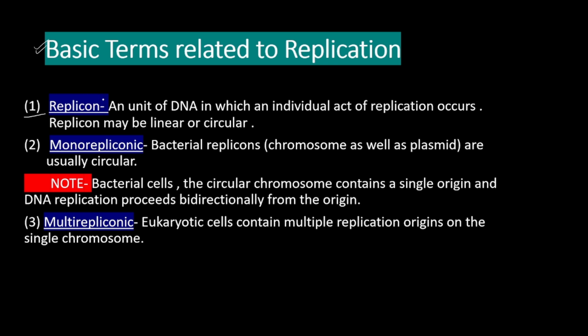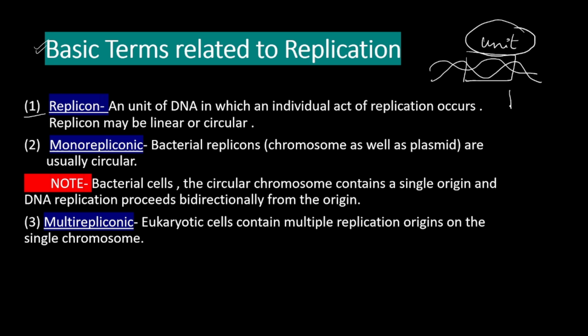First of all, what is a replicon? A unit of DNA in which an individual act of replication occurs. So wherever in a DNA, this is the unit where the replication has to occur.